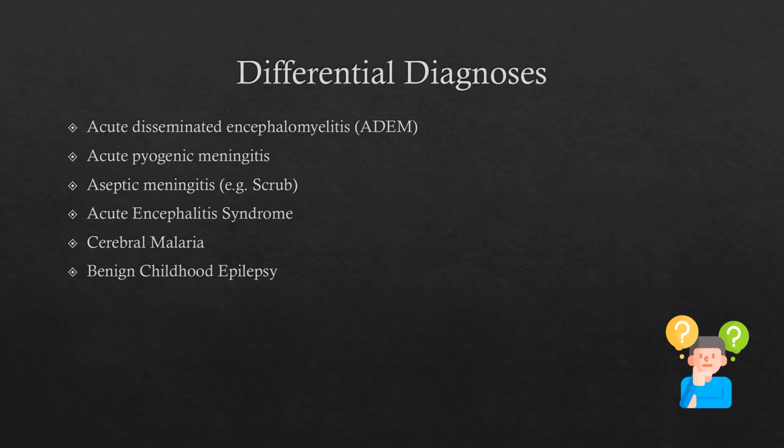Some of them are acute disseminated encephalomyelitis, that is ADEM, acute pyogenic meningitis, aseptic meningitis, for example caused by scrub typhus or any viral pathogens, acute encephalitis syndrome, cerebral malaria, and benign childhood epilepsy. All these diagnoses have seizures and fever as their manifestation, so they are considered the differential diagnosis of febrile seizures.